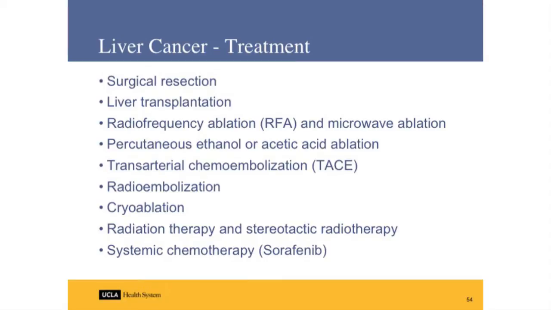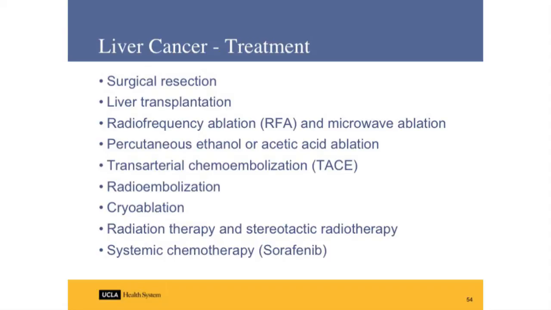So one mode is radiofrequency ablation, or microwave ablation is another one. And then there's also chemoembolization, which means that you intentionally clot the hepatic artery, the artery that's supplying the tumor.